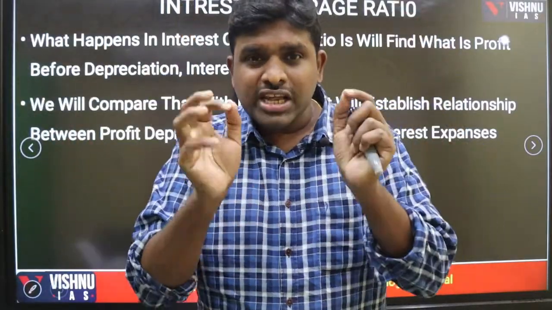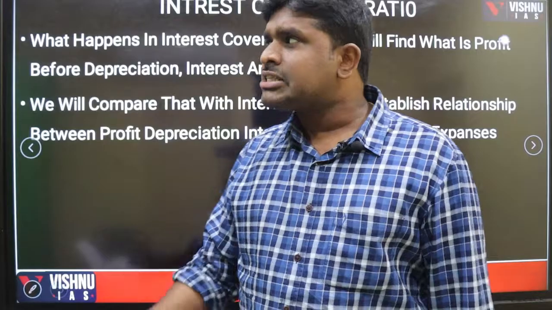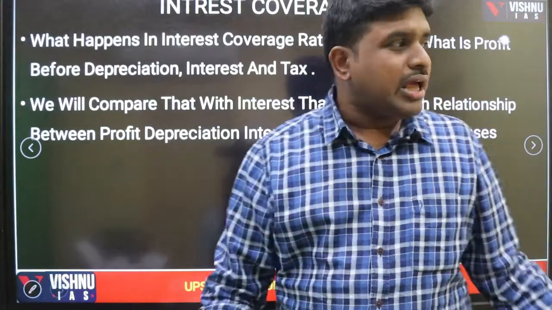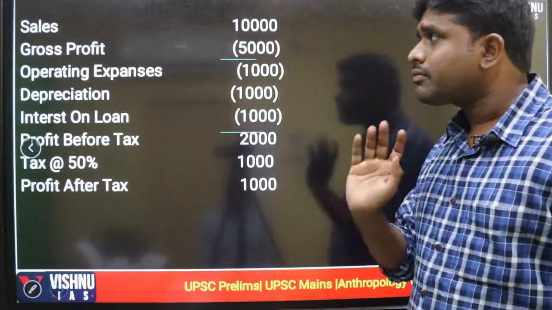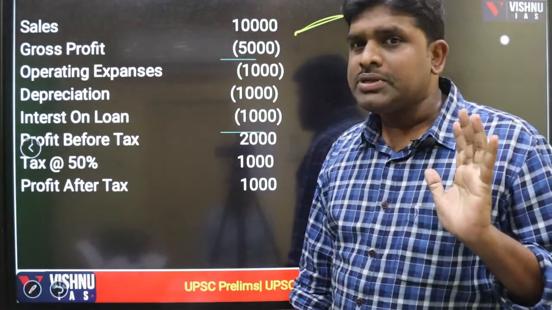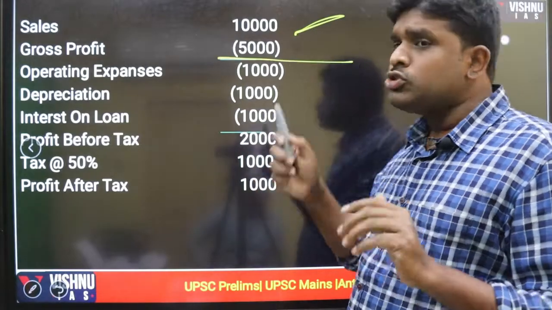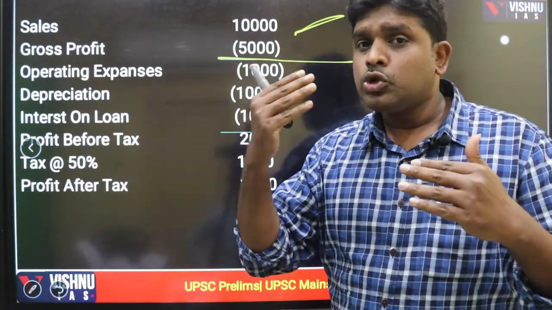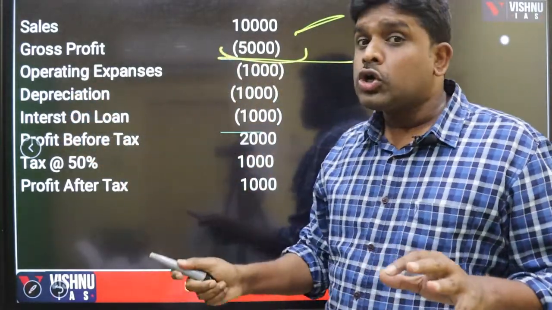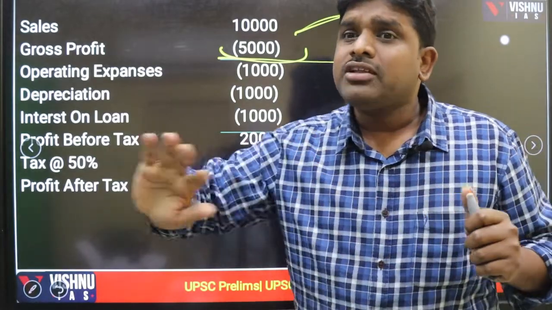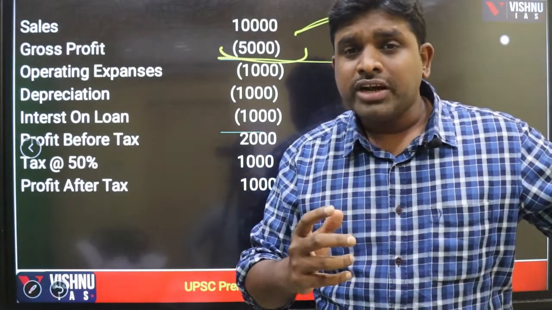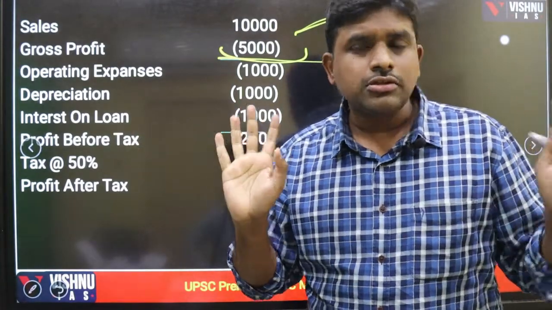So the interest coverage ratio is a parameter. I will explain it through an example. Just follow me. For example, sales of 10,000 rupees happened. 5,000 rupees went for raw material, and after selling the output for 10,000, the gross profit I am getting is 5,000 rupees.